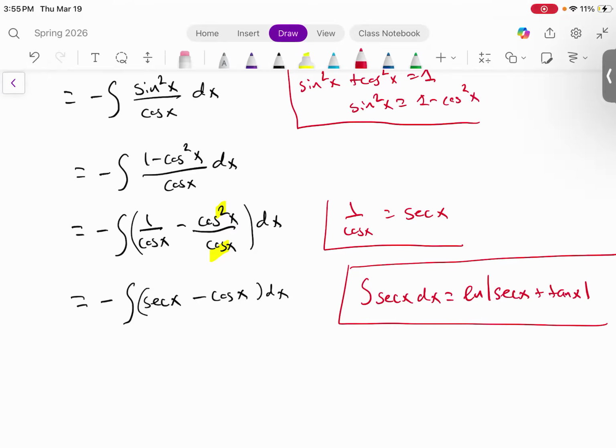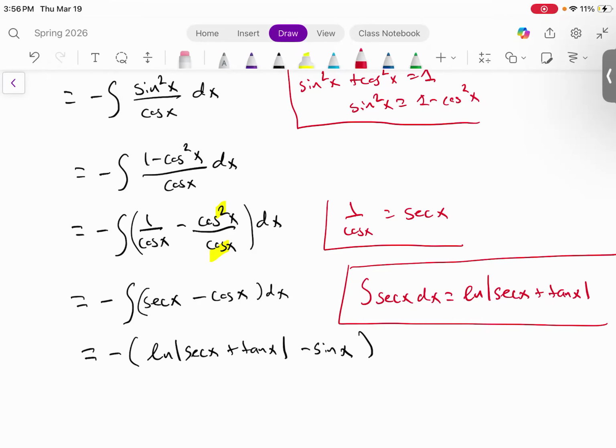But here's where we can just use the identity. So this integral turns into negative natural log, absolute value, secant x plus tangent x. And then the integral of negative cosine is going to be negative sine x.